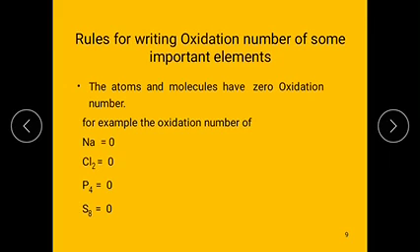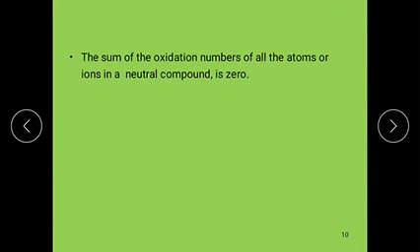Sulfur in S8 form, we can take it as 0. Atoms and molecules in the elemental state have 0 oxidation number.